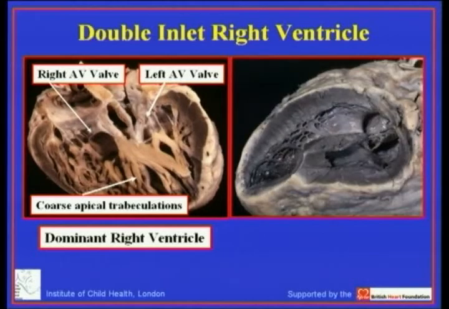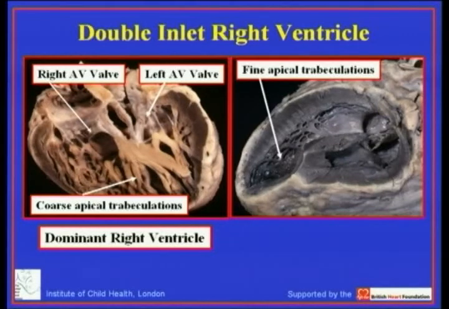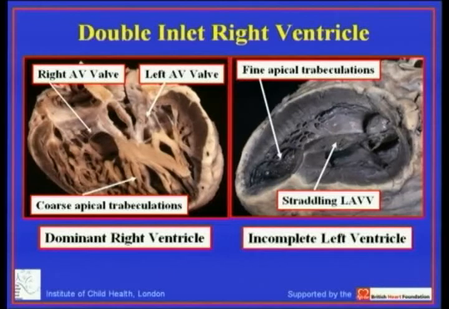But we can confirm that it is a right ventricle when we look behind this atrioventricular valve, postero-inferiorly within the ventricular mass, in the left hip pocket, and we see unequivocally that there is a second chamber having fine apical trabeculations, an incomplete left ventricle lacking its outlet component because there is double outlet from the dominant right ventricle, and also lacking the larger part of the inlet, albeit that one papillary muscle remains in the incomplete left ventricle.